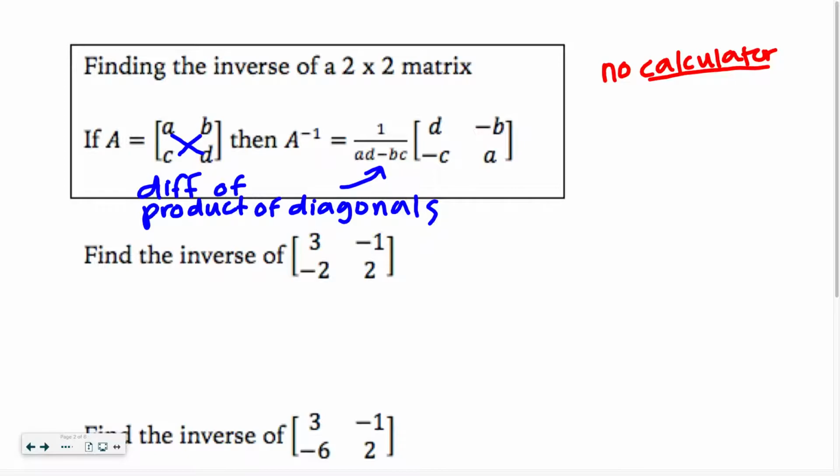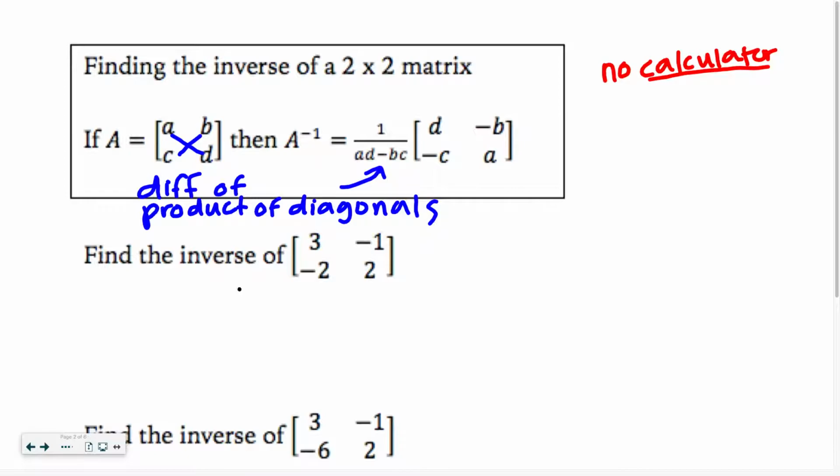What happens on the other diagonal to B and C? They change signs. They might already be negative, so then you make them positive. But don't move B and C, they stay where they are. They only change signs.